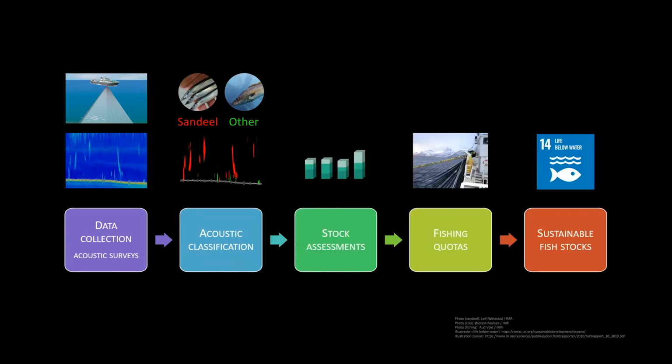This is used for stock assessment models to monitor the stock abundance over time, which again is used as advice for determining fishing quotas for commercial fishing, and the overarching goal is to maintain sustainable fish stocks in the oceans.